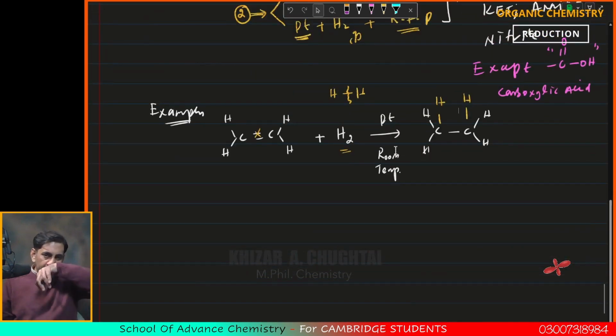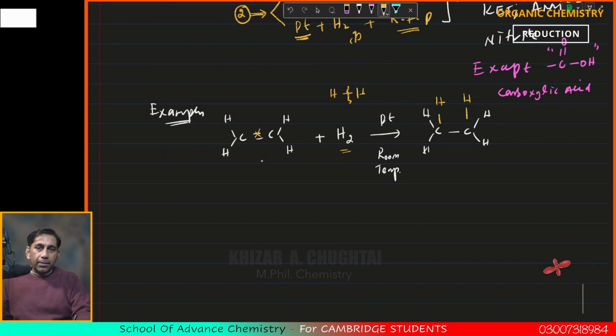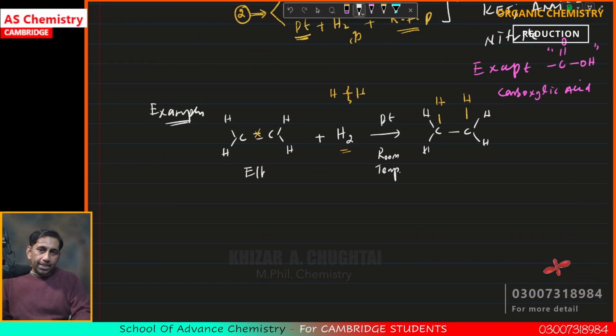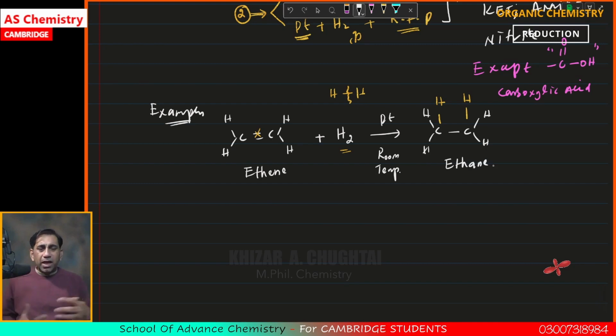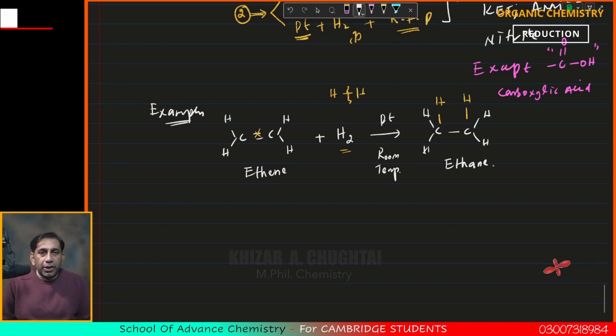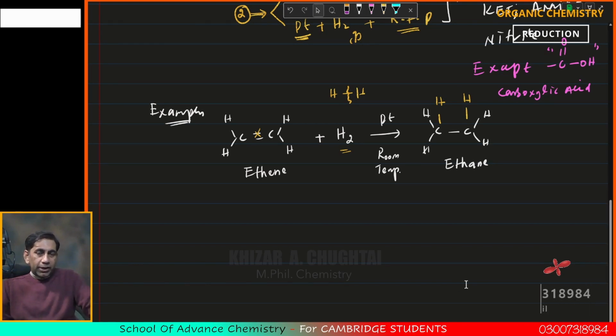So first of all, what was its name? Its name was ethene. It was a double bond. Now it is ethane. This is the same reaction that happens when margarine is formed from oil, and that is also said to be reduction and so on.